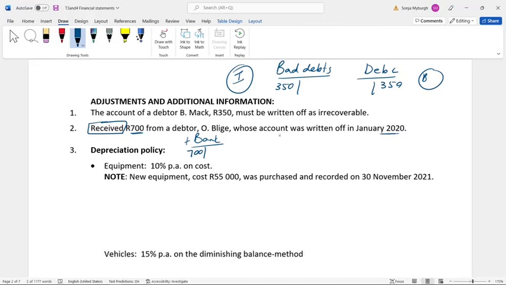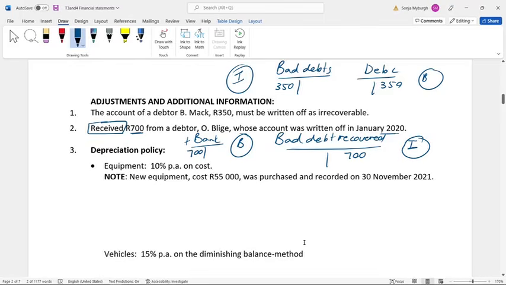But we are going to credit bad debts recovered. This is an income account that we will now credit. So let's do those first 2. Remember bank, this is on the balance sheet, not asked. Bad debts recovered is an income on the statement of comprehensive income.